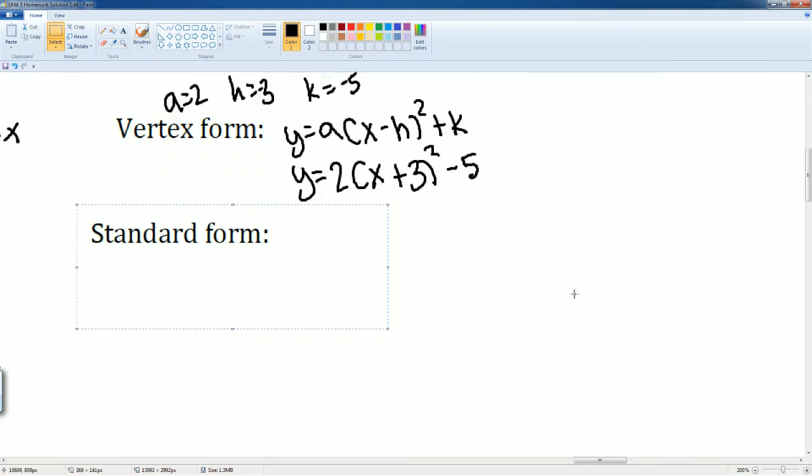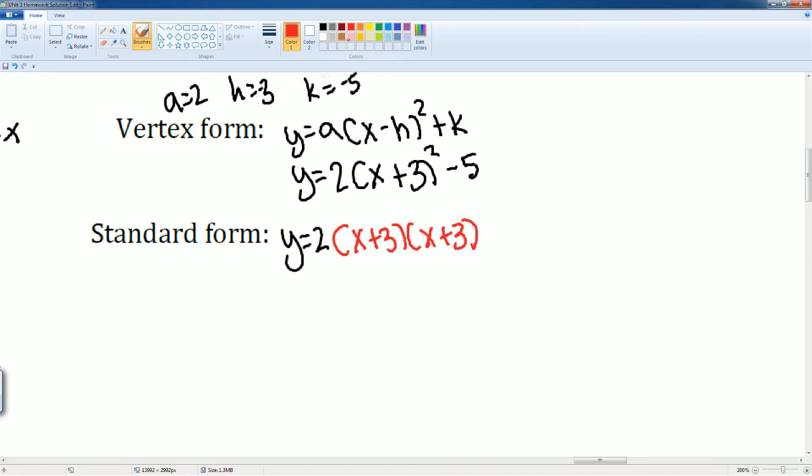All right. So expand out the exponent. Everything else remains the same, okay? I'm going to write the expanded part in red. So it's (x plus 3) times (x plus 3) minus 5. I'm going to do the inside first.